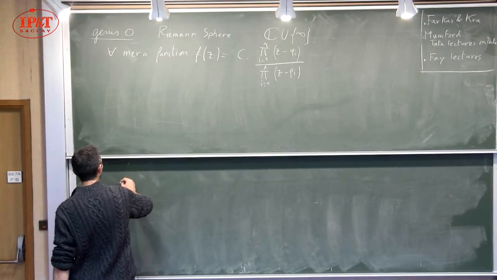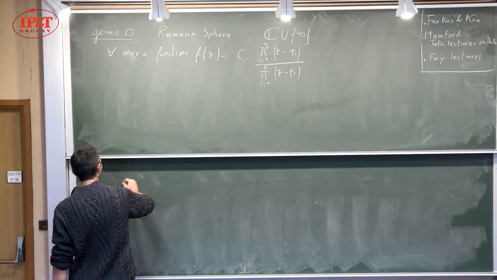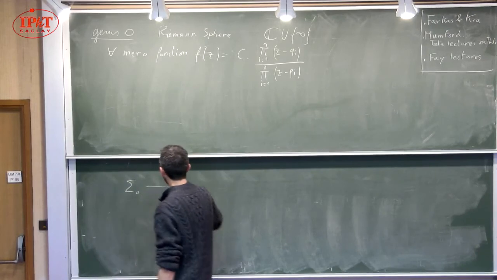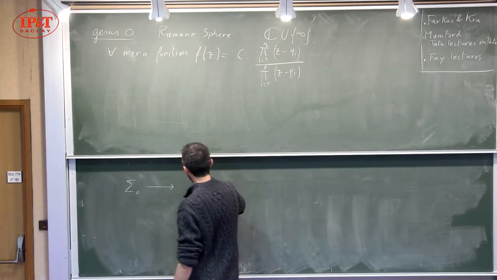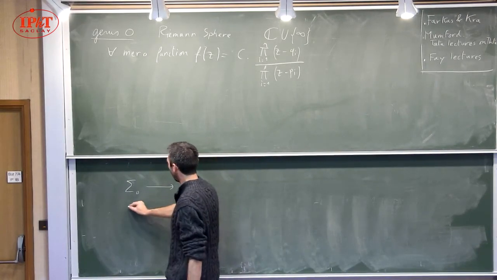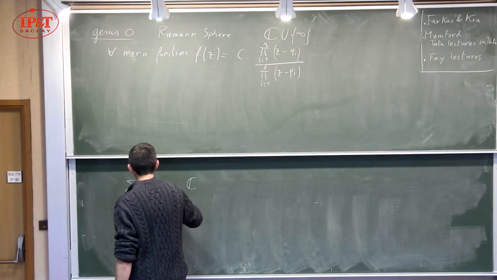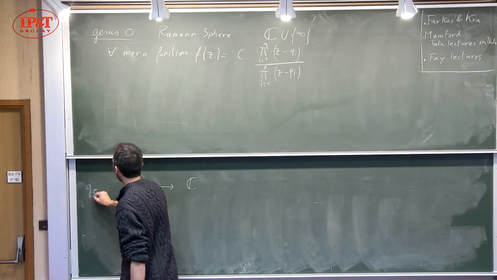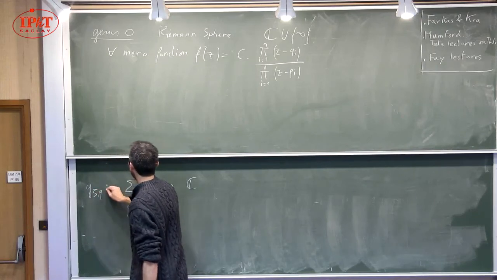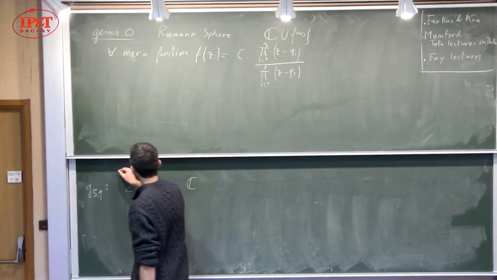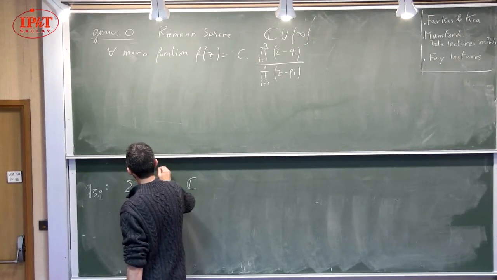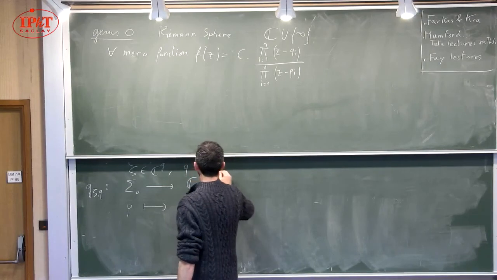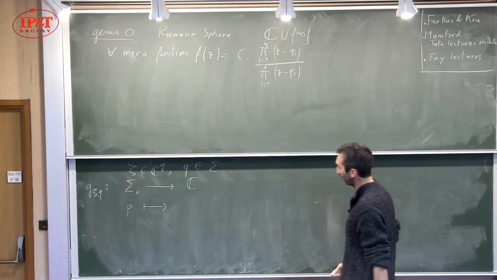So how do we do that? First, let me define the map from sigma 0 to C, that to a point P. Let me define the map g zeta Q, where zeta belongs to C^g and Q belongs to my Riemann surface.